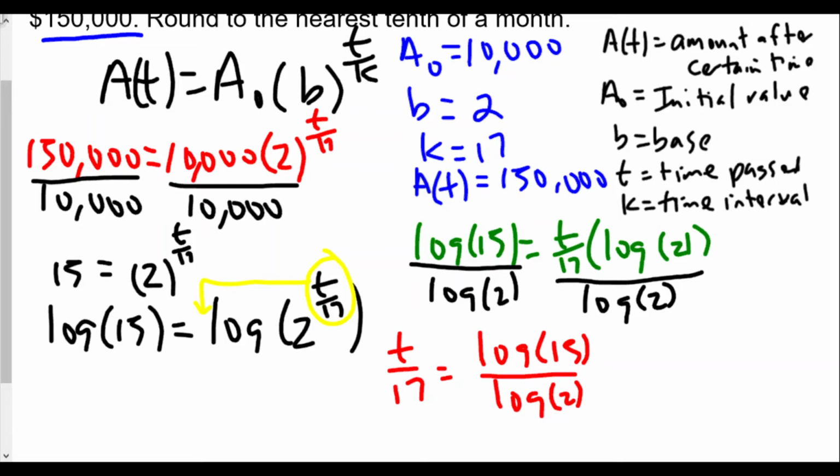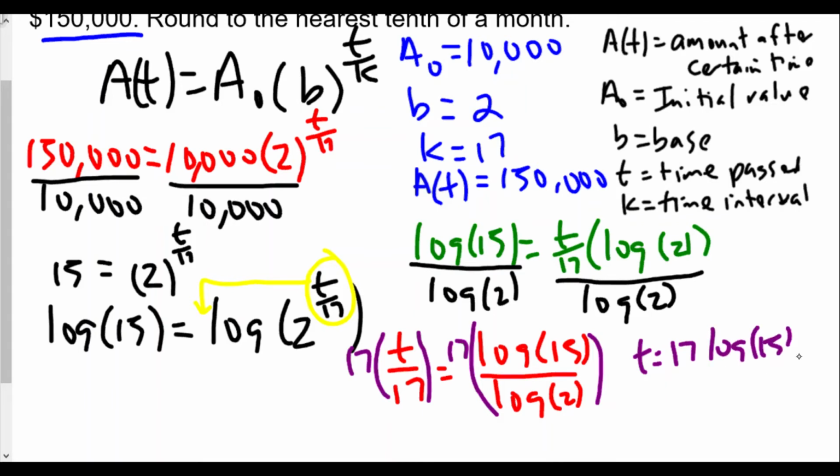And so to do that, we're going to multiply both sides by that 17, because the 17 is dividing the t. So I'll multiply both sides by 17. So we're going to get, in this case, t is equal to 17 log of 15 divided by log of 2. And this will give us how many months we have. Okay?